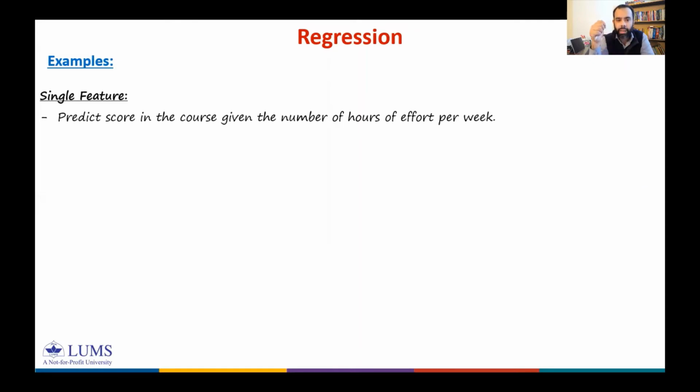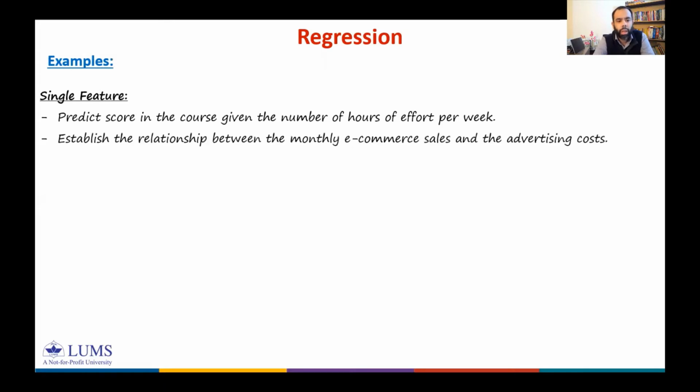So input X is number of hours of effort per week, and your output Y, which is a scalar, is score in the course, right? And the process or system is some phenomena that is modeling your effort to your score. Or it could be, if you want to establish the relationship between the e-commerce sales and how much money you put in for advertising.